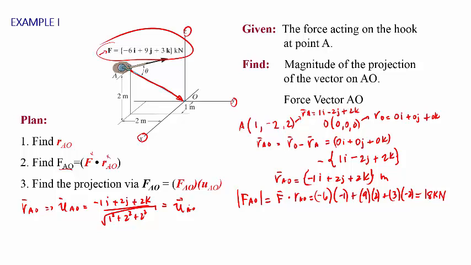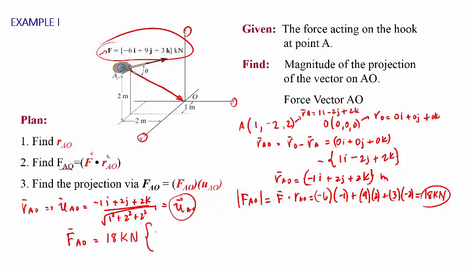I don't have the answer for that right away, and I don't want to make you wait, but then this here would be my force vector, which would be the magnitude, which is 18 kilonewtons, right?